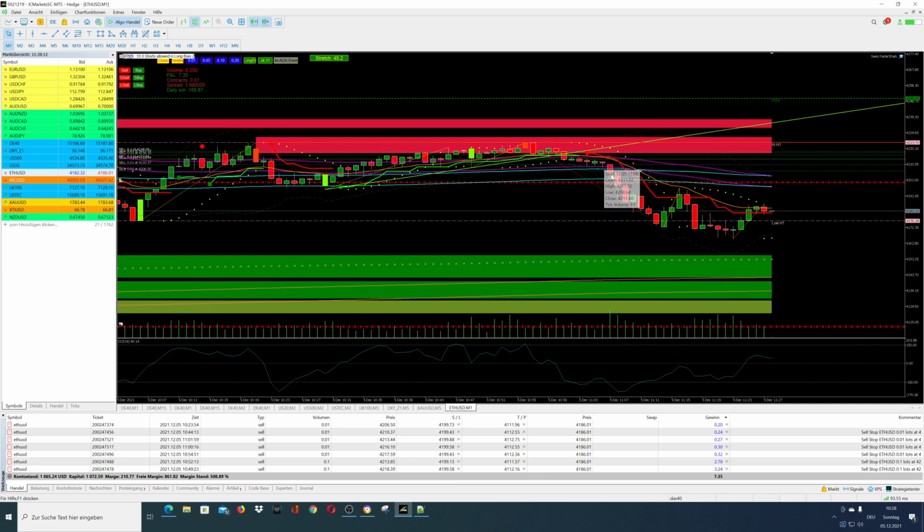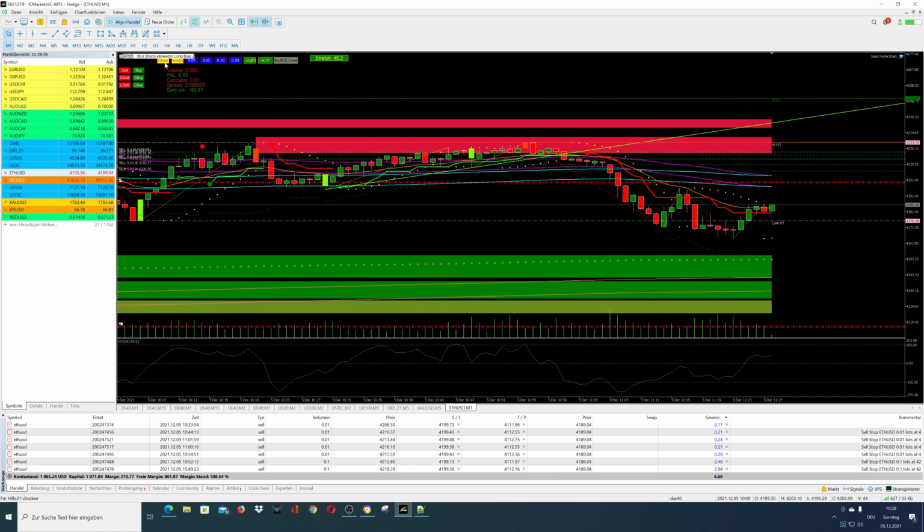Here we have 4 red bars, 1 green bar, 3 red bars. And now if there's another green bar here, maybe we have to exit and secure the win.